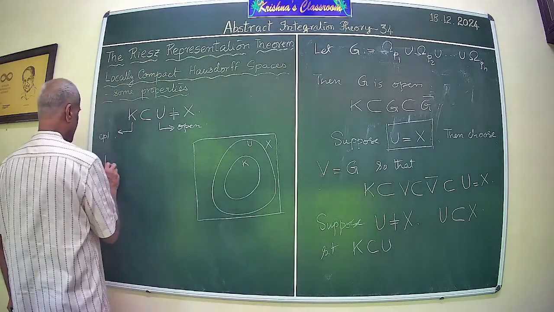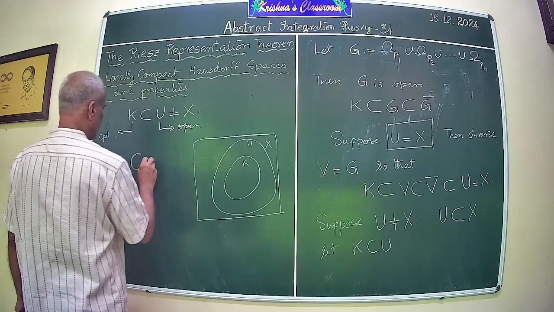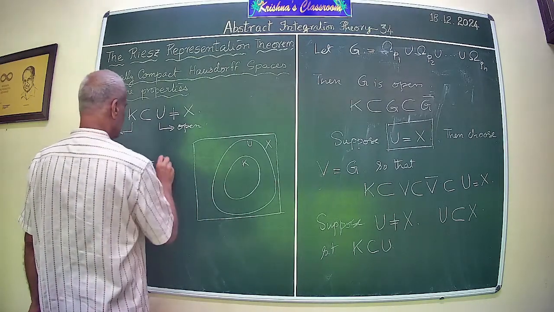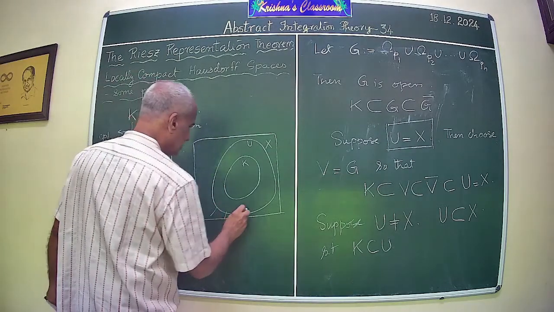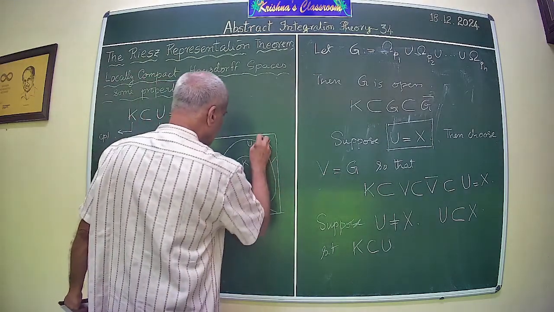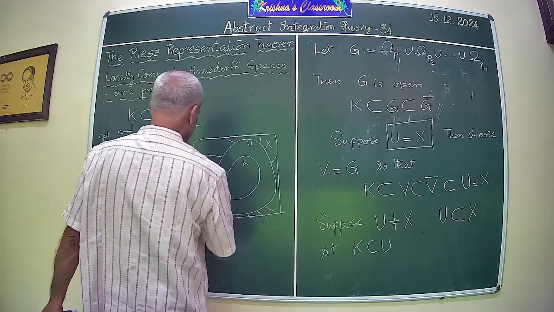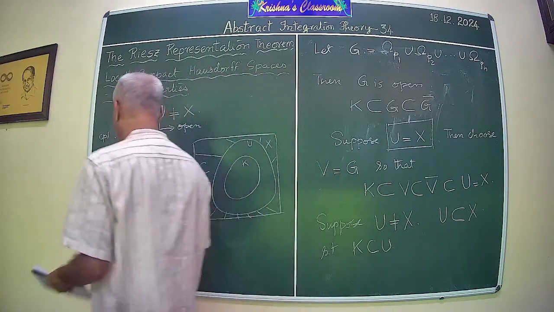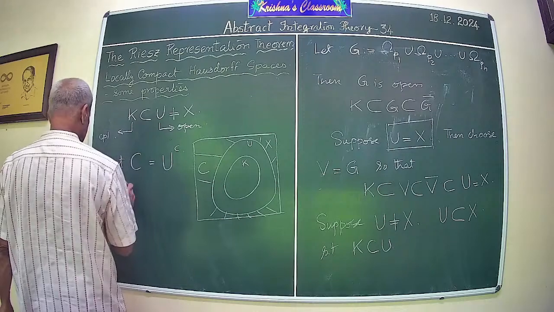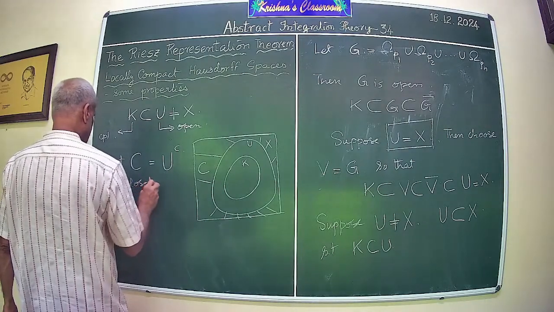Let C be equal to X minus U. That means this is your C, and C is closed. Okay.